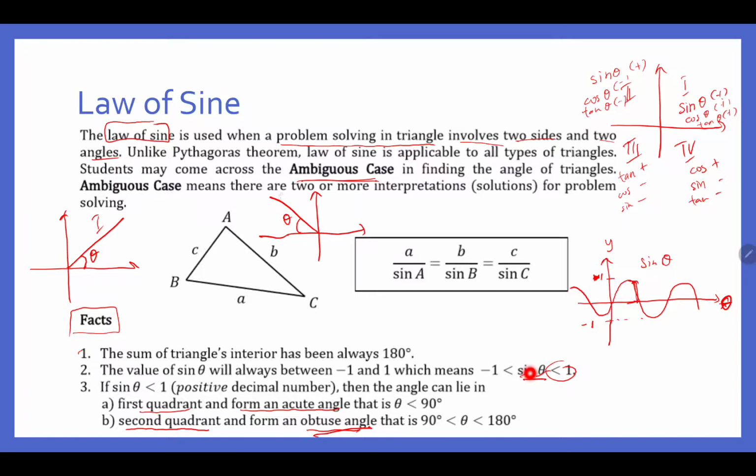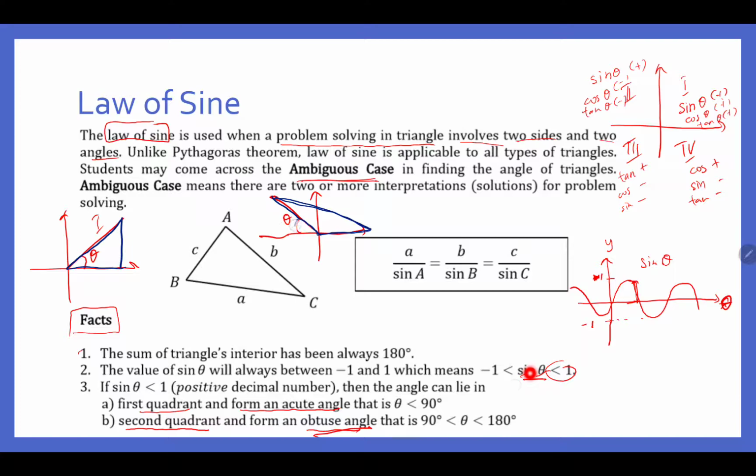So maksudnya triangle dia akan bentuk macam ni. Sekejap saya tulis color lain, color biru. So triangle dia akan bentuk macam ni lah. Obtuse angle. Dekat sini tadi acute angle, triangle dekat sini.